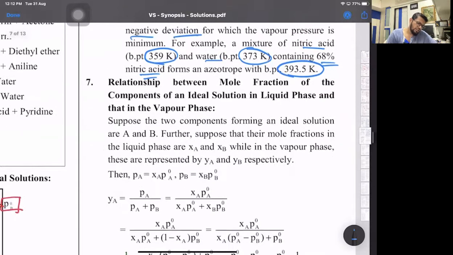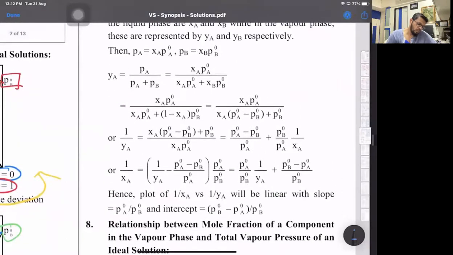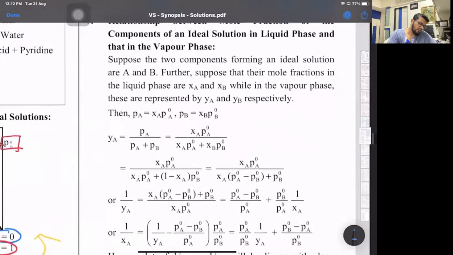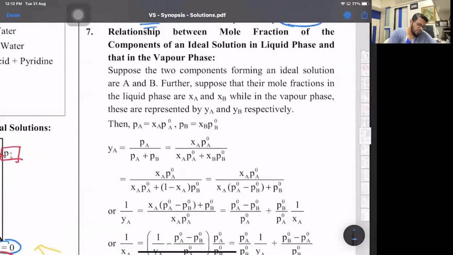Then the relationship between the mole fraction of the components of the ideal solution in the liquid phase and that in the vapor phase. Here, if I have to compare with respect to the mole fraction, it's a linear graph, because P of A is XA into P naught of A, PB is P naught B into XB, and the mole fraction of one of them in the vapors will be the vapors of A upon the total vapors of the solution.